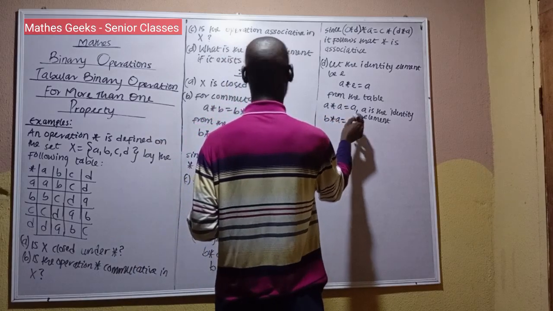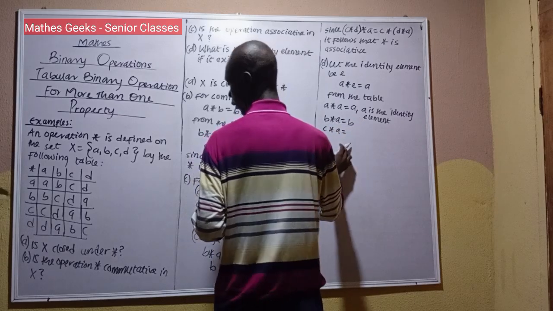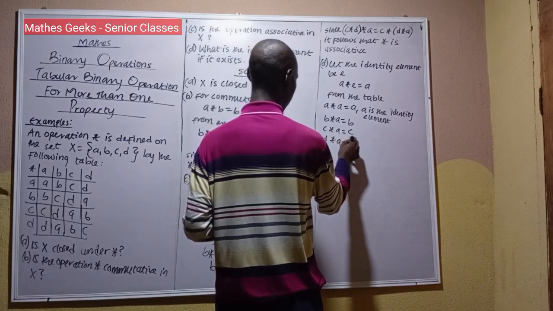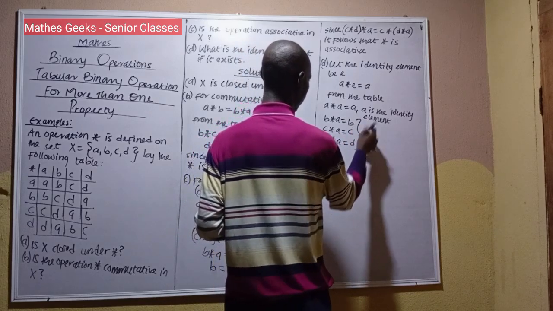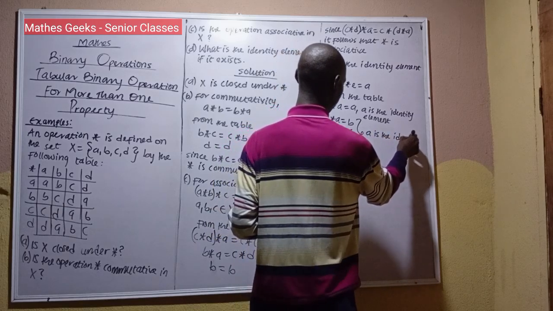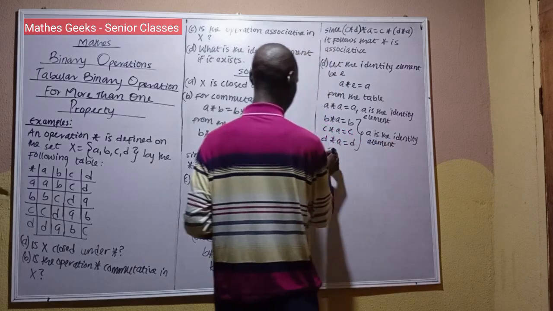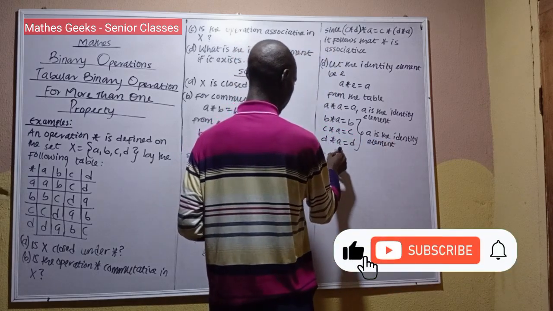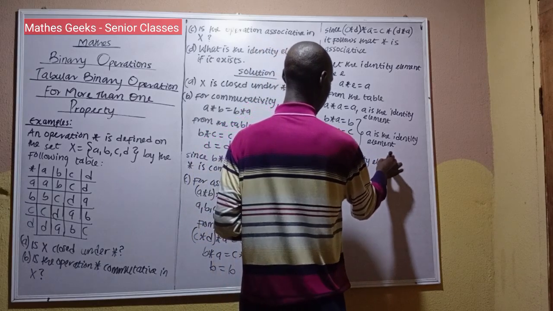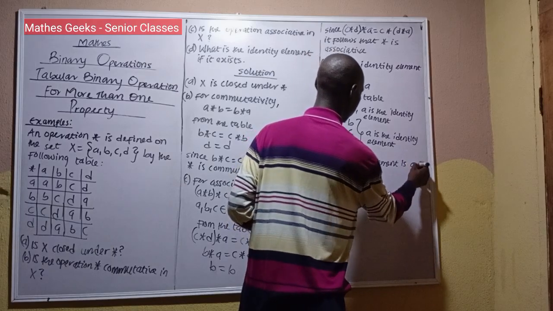B star E, what is it giving us? B. C star E, what is it giving us? C. So even this already shows that E is the identity element. Therefore, the identity element is E.